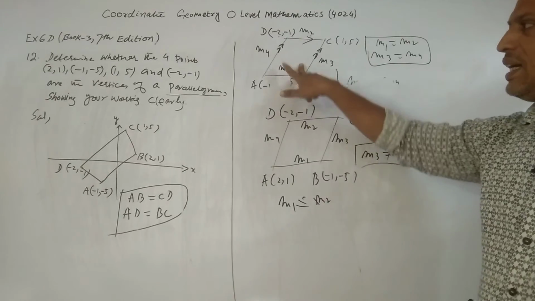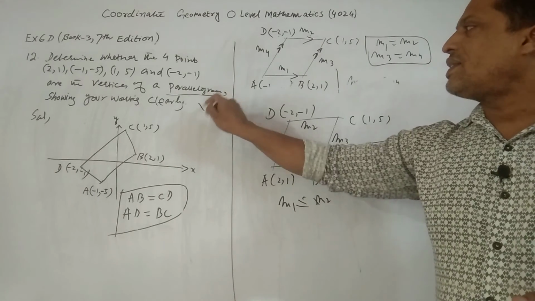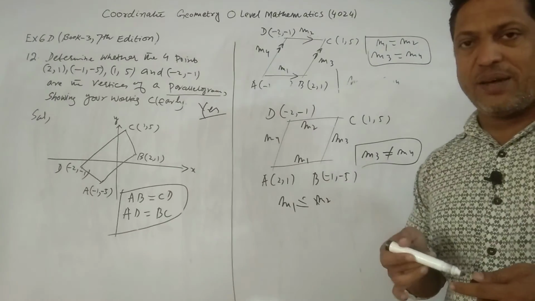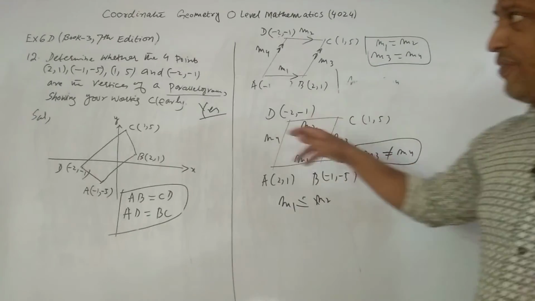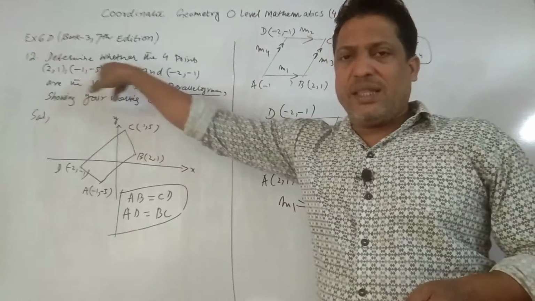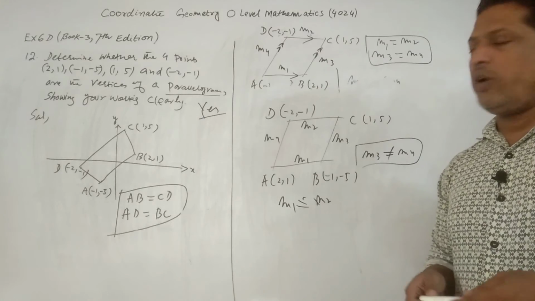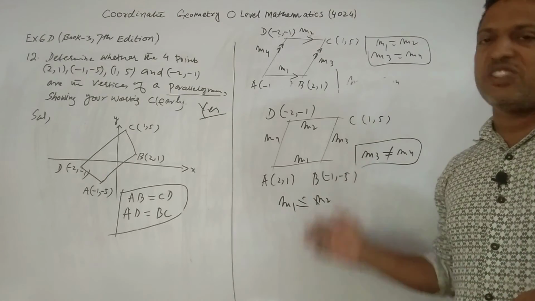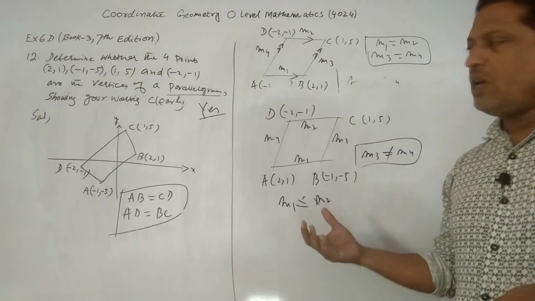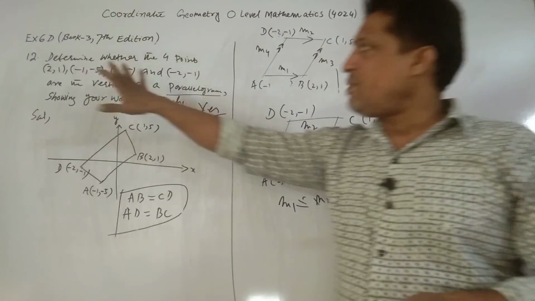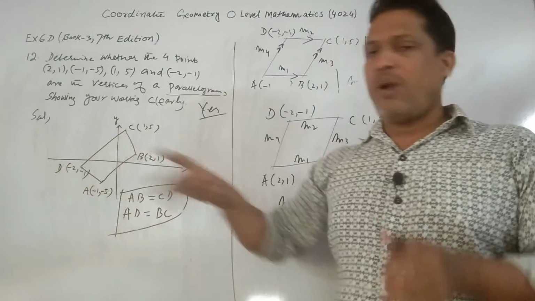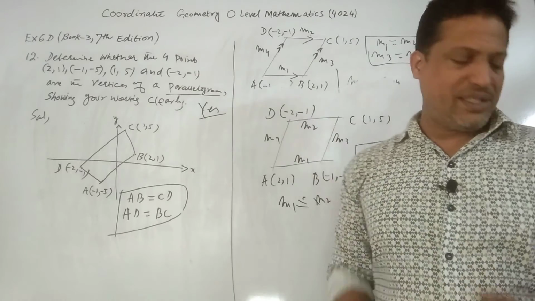In this question, the answer is yes. These are the vertices of a parallelogram. But if we take this A, this B, this C, this D and find the gradient, our answer will be no, it's not a parallelogram, and we will get 0 in our exam. So kindly follow the instructions and plot the correct x and y axes.